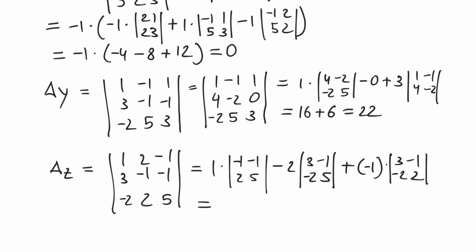Let's calculate. So we have -5 plus 2 is -3, minus 15 minus 2 is 13, multiplied by 2 is 26, minus 26, plus 6 minus 2 is 4, so we have 4 multiplied by -1 is -4, so it's actually minus 4.